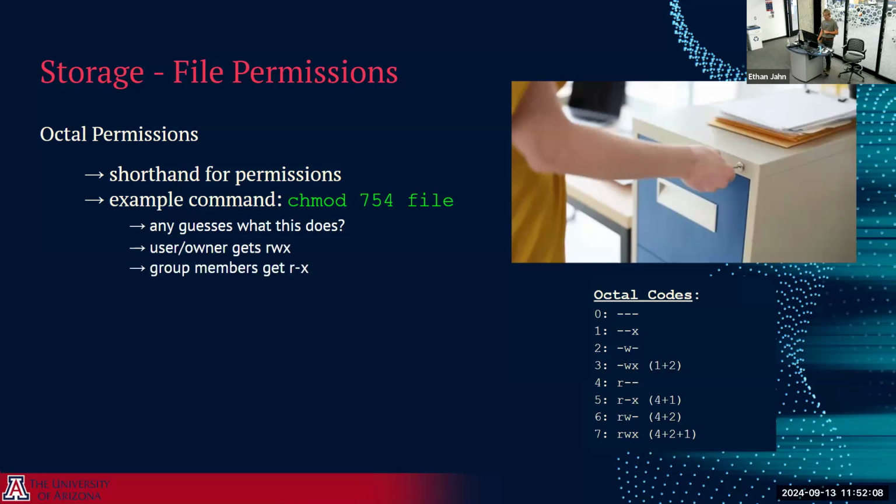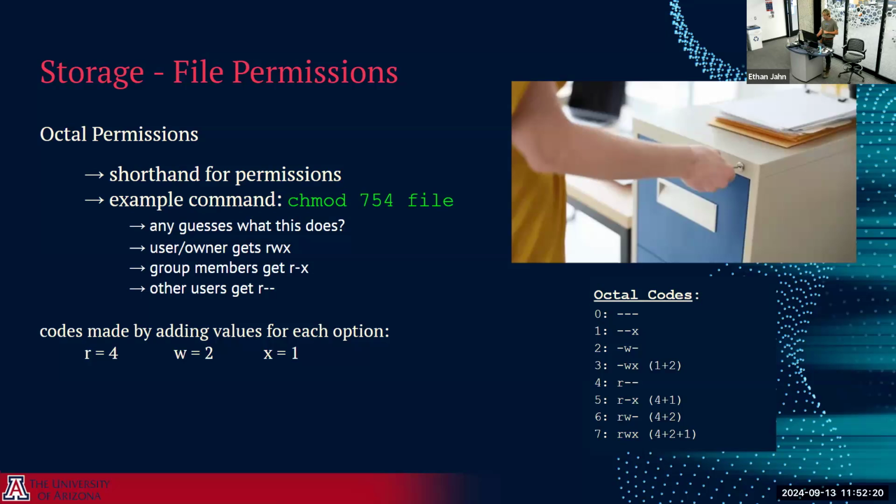So owner gets RWX, group members get RX, and other users get just R. The code is made up by adding values for each option. So if you look over here, 4 refers to just R, 2 refers to just W, and 1 refers to just X. If you look at 3, 1 plus 2 is equal to 3, meaning that you have access to both W and X. So that's how this system works.